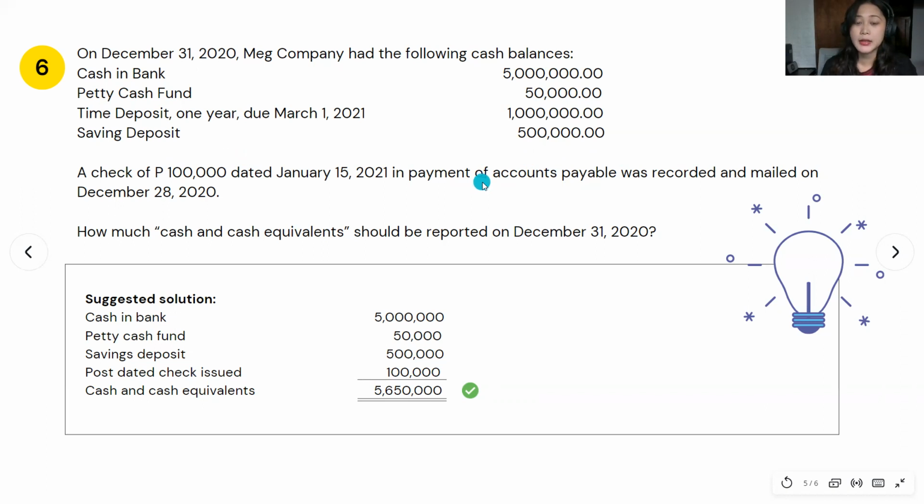So, kung nagbayad ka, ibig sabihin, ikaw yung nag-issue. So, kung ikaw yung nag-issue ng check na January 15 pa yung date, so, hindi ma-encash ni payee. So, ang mangyari, cash mo pa siya hanggang December 31 kasi mawawala lang siya sa cash mo sa January 15 pa. So, total cash and cash equivalents natin is 5,650,000.